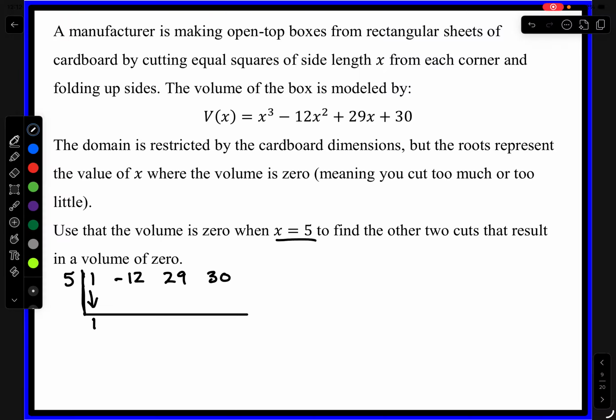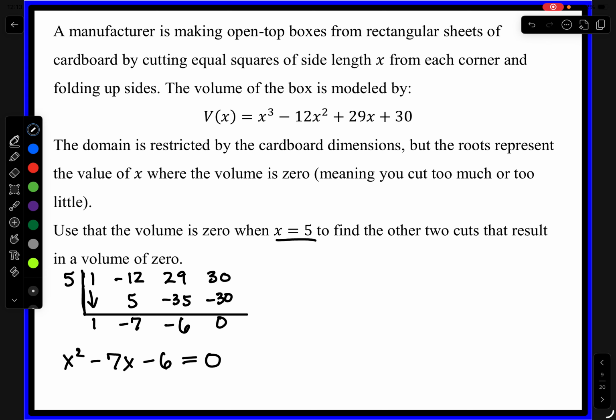So we're going to bring down the 1, multiply that 1 with 5, and add these two numbers, which is going to be negative 7. Then multiply that negative 7 with 5, which is negative 35, add, which is going to be negative 6, and then multiply that negative 6 with 5, which is negative 30, and we get 0. So we have x squared minus 7x minus 6.